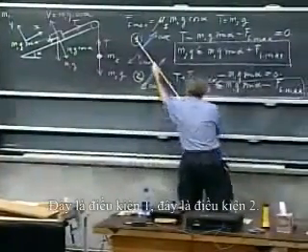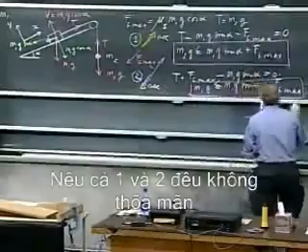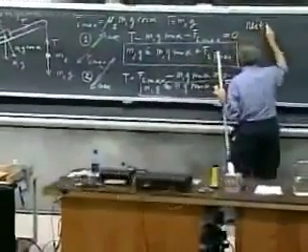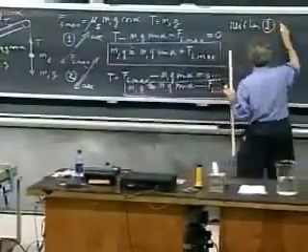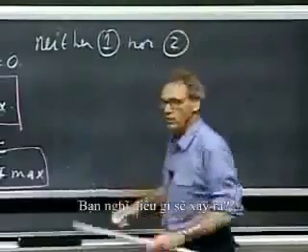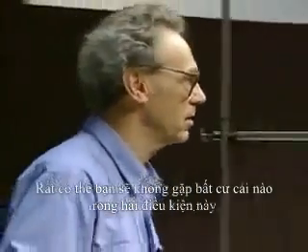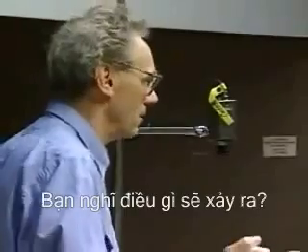This is condition 1, this is condition 2. If the condition is neither 1 nor 2, what do you think will happen then? It's very possible that you don't meet any one of these two conditions. What do you think will happen? Can't hear you. It won't move.